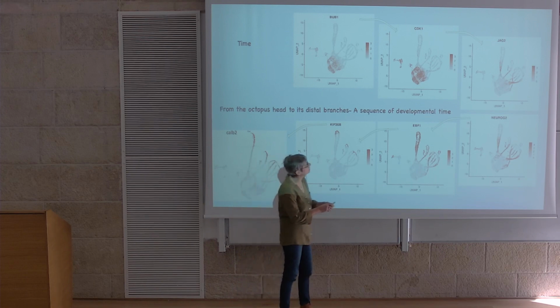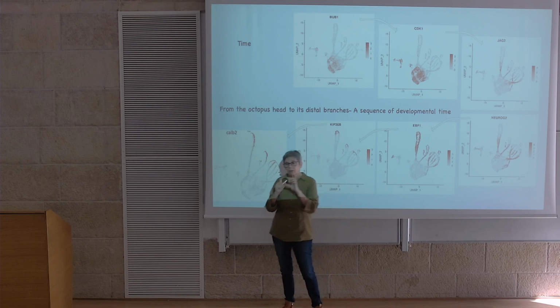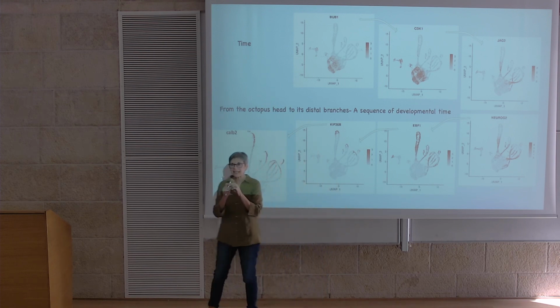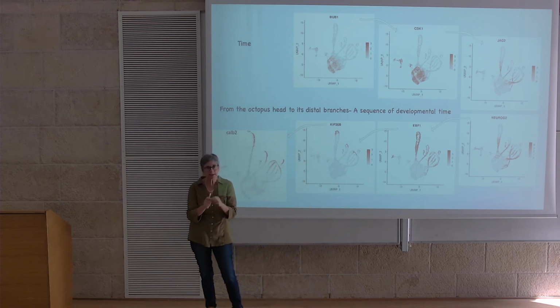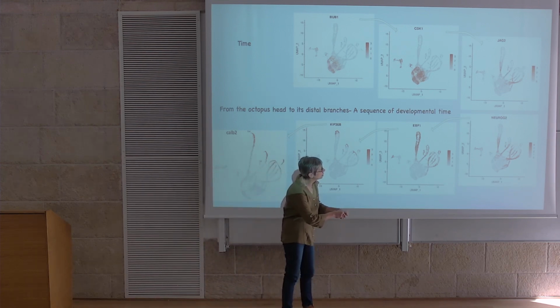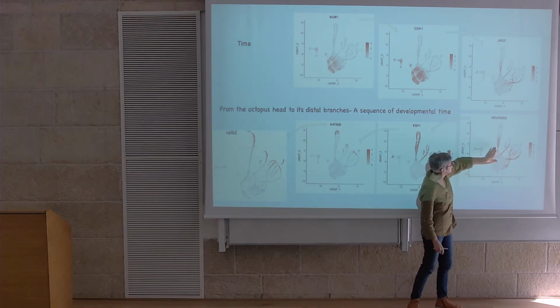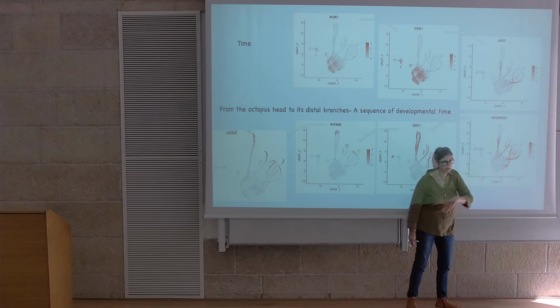Then we go to the intermediate, to the onset of the arms, of the branches of the octopus, and we see notch signaling molecules like JAG, delta, and so on, which mark intermediate stages in the specification of these progenitors. Then we go to neuroG, neuroD, and others, which go a little bit further in the branches. These are DI1, DI2, DI3, DI4, up to DI6.